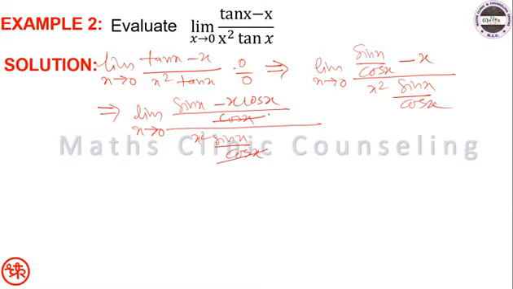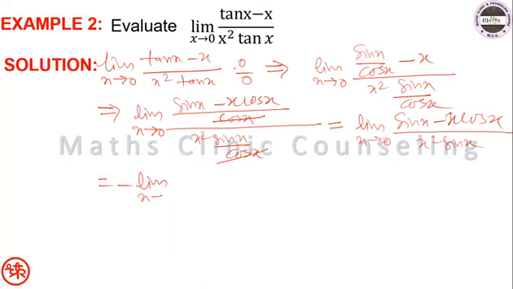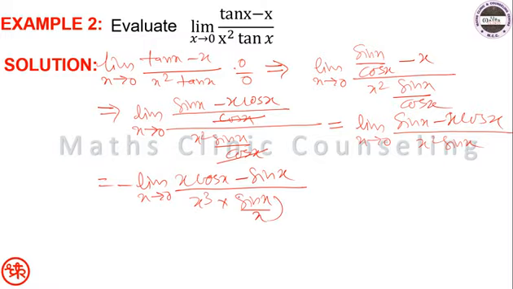This cos x will get cancelled, so it is equal to limit x tends to 0 of sin x minus x cos x, divided by x square sin x. So this is equal to minus limit x tends to 0 of x cos x minus sin x upon x cube into sin x by x, as in the previous example, and its limit is 1.